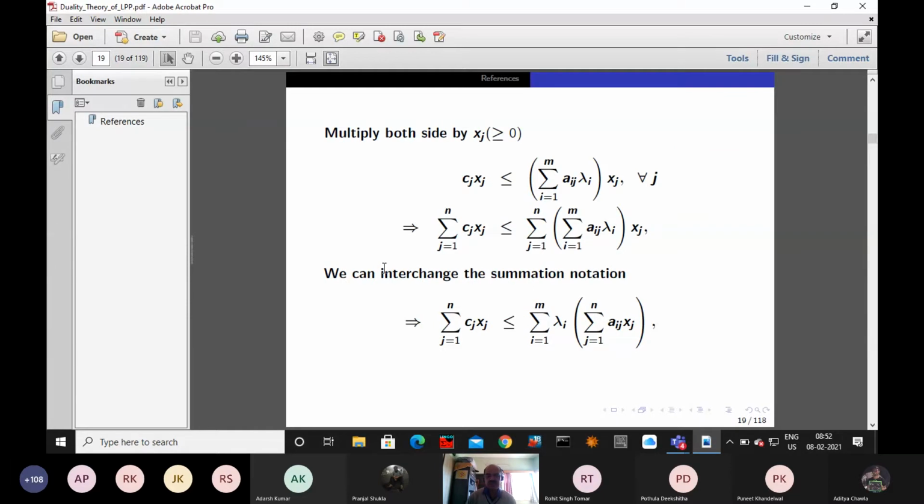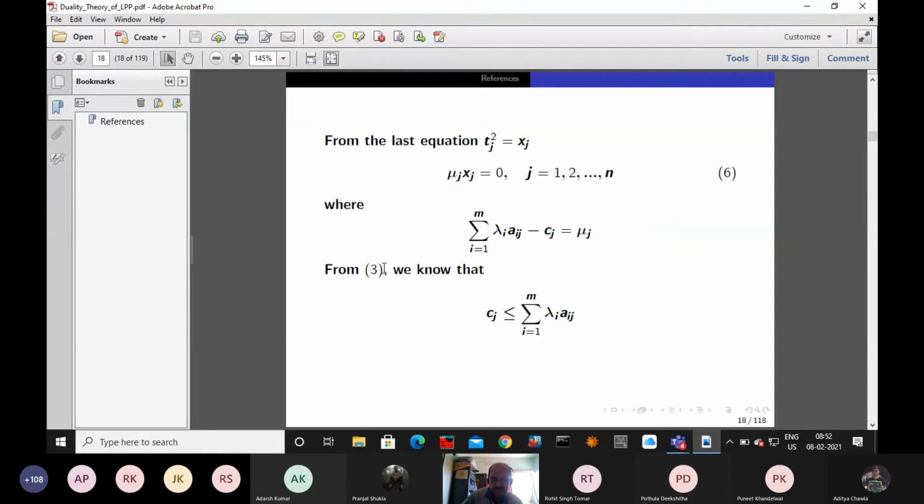Now we would like to simplify. How to simplify? See, cj is like this. Now multiply both sides by xj. Why xj? Xj is non-negative, meaning positive or 0, so there is no change in the inequality.